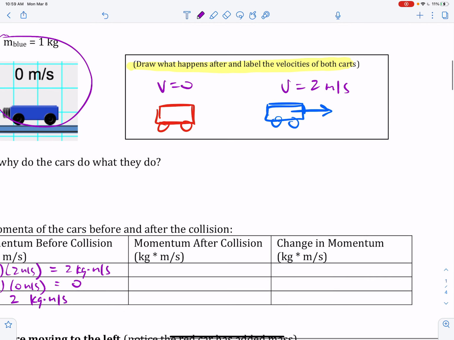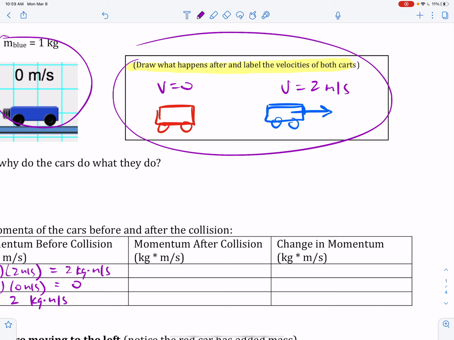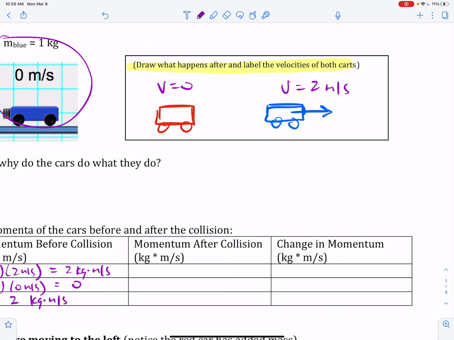Okay, what about after the collision? So now we're looking at this situation. Okay, for the red car's momentum after the collision, well, it's got no velocity, so it's going to have its mass of 1 kilogram times 0 meters per second. And I will include the units.